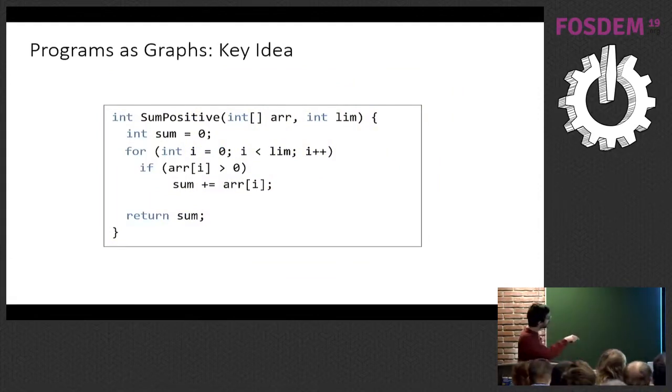Let's take this as a series of tokens, just a big long sequence, and from that let's try to apply some standard machine learning methods. Now, the problem with that is that you lose a lot of context. You lose, for example, that this if statement is within this for statement, or that there is this i variable which is used to iterate. So you lose a lot of the structure.